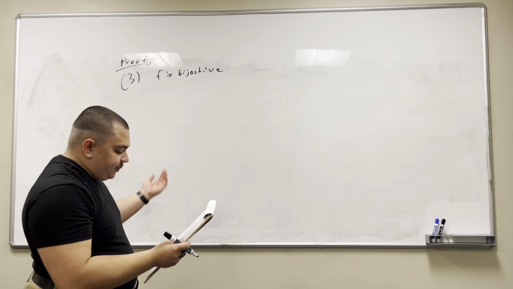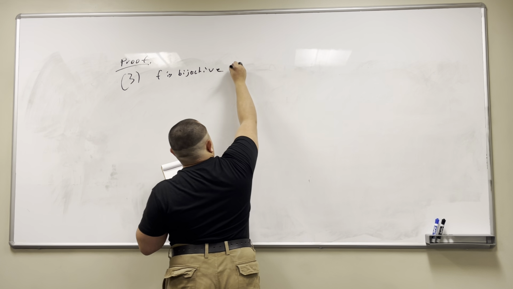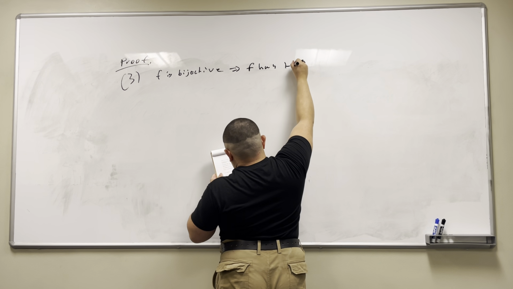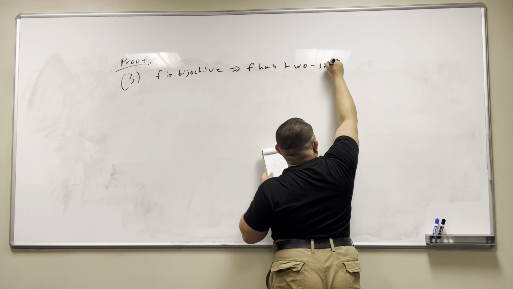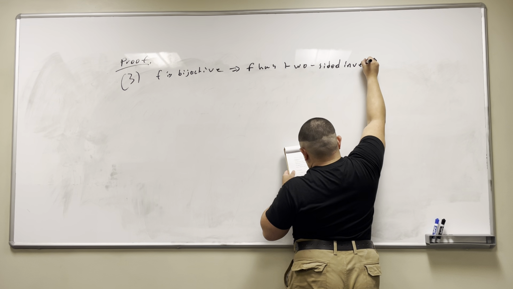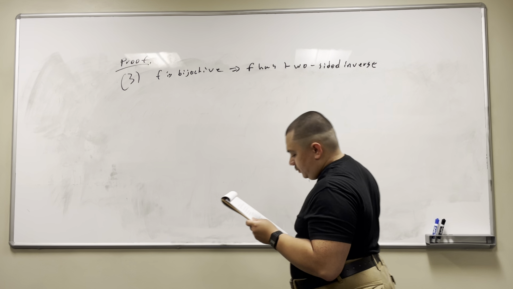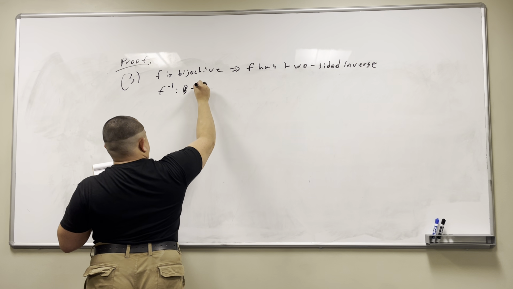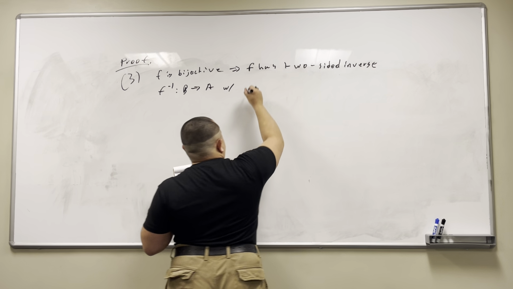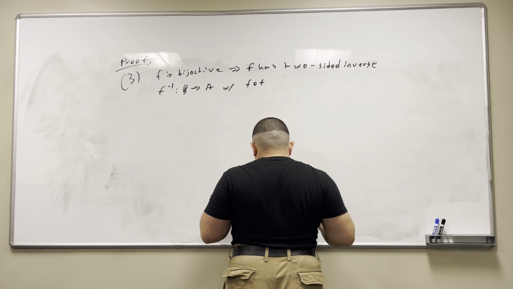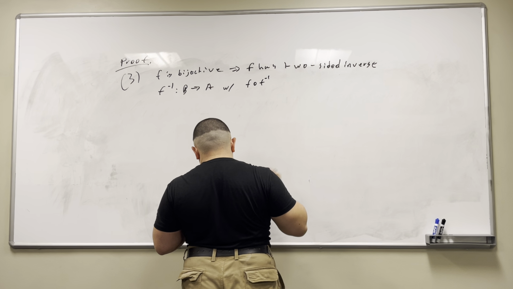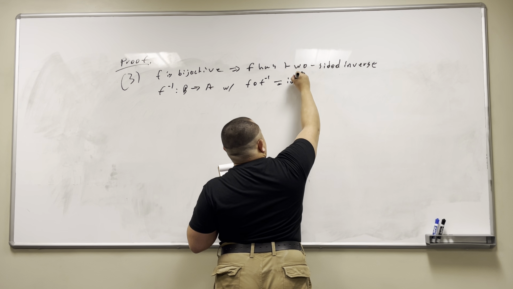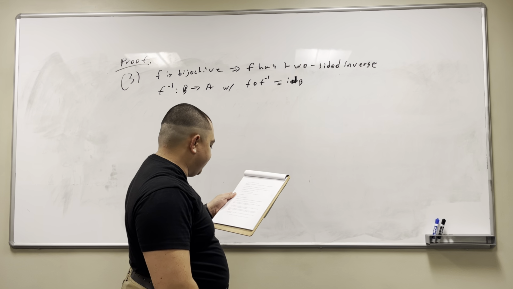Well, if f is bijective, then it has a two-sided inverse, the preimage f inverse from B to A, with f composition f inverse of f, I mean to say, equal to the identity of B.